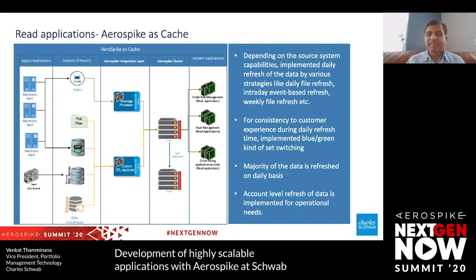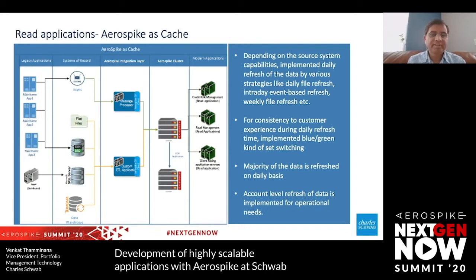I want to call out one thing: when data is getting refreshed, the customer should not see an inconsistent experience. We created blue-green kind of sets. I think there are some 15 sets that get refreshed daily, so we created 15 active sets and 15 inactive sets.